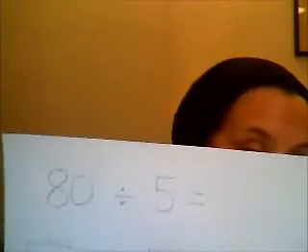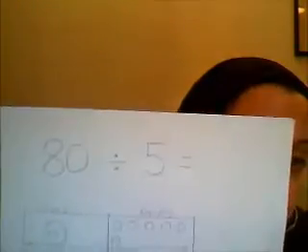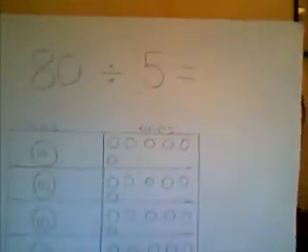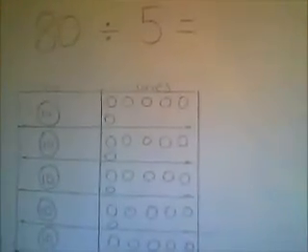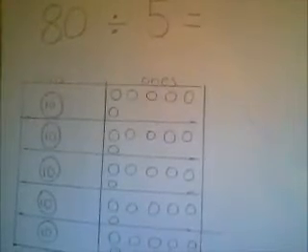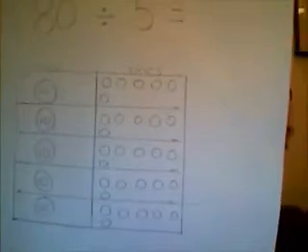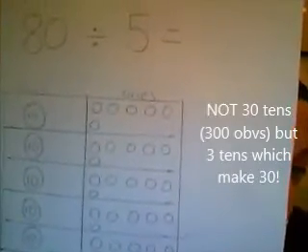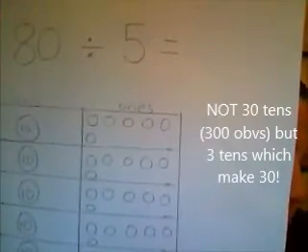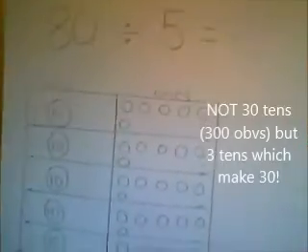So taking our previous question, 80 divided by 5, I have a column for the tens because it's a 2-digit number, and a column for the ones. And I share out 10, 20, 30, 40, 50. If I try to share out any more, I couldn't, so I'd have to exchange the remaining 30 tens into 31s, which is what I've done.